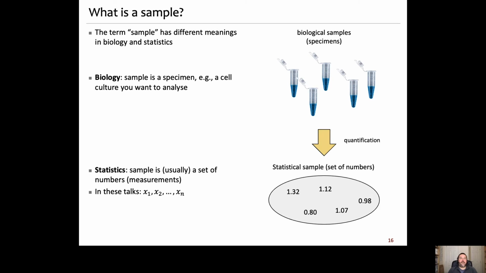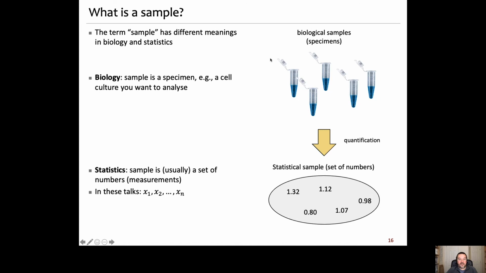Now we have to differentiate between the biological meaning of a sample and the statistical meaning of a sample. Because in biology, often a sample is a specimen, e.g. a cell culture you want to analyze. In statistics, a sample is a set of numbers, a set of measurements.